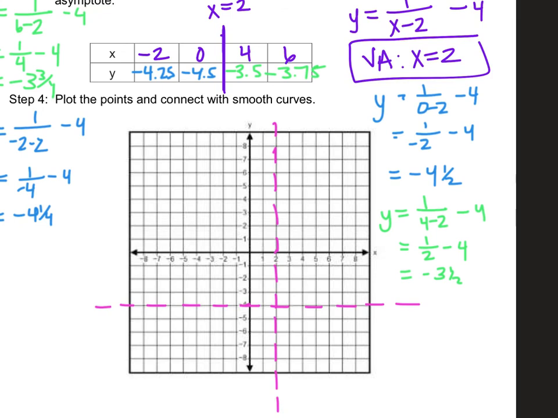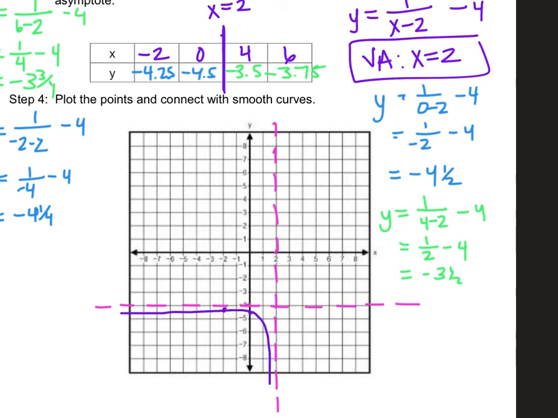Okay, so let's plot these. We have -2, -4.25. Oh, that's really close to the asymptote right there. I'm going to estimate right there. 0 and -4.5 is going to be right there. It's kind of hard to tell, but at least I know the curve is over here.